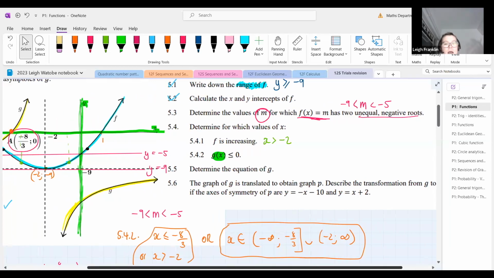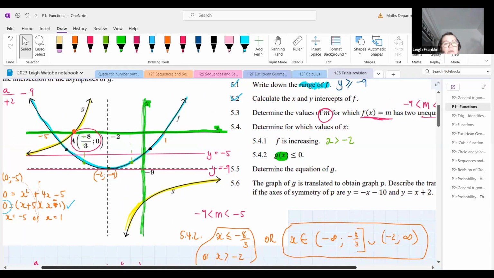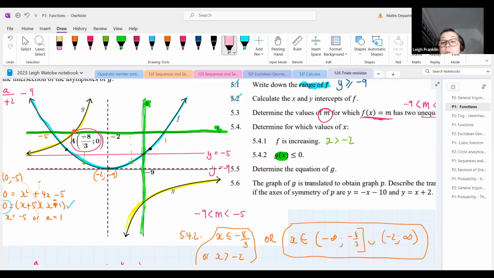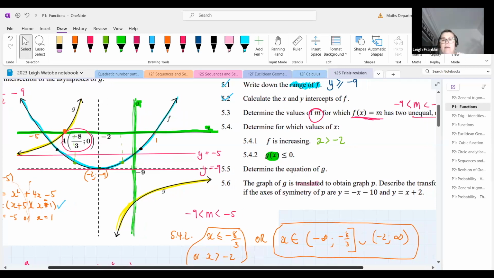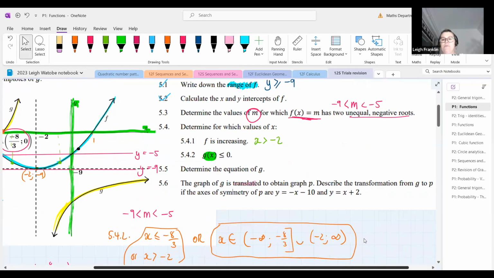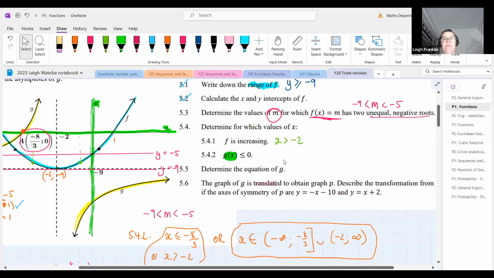The hyperbola has been translated. They use the word translated, not just transformed, but translated on purpose. Very important.